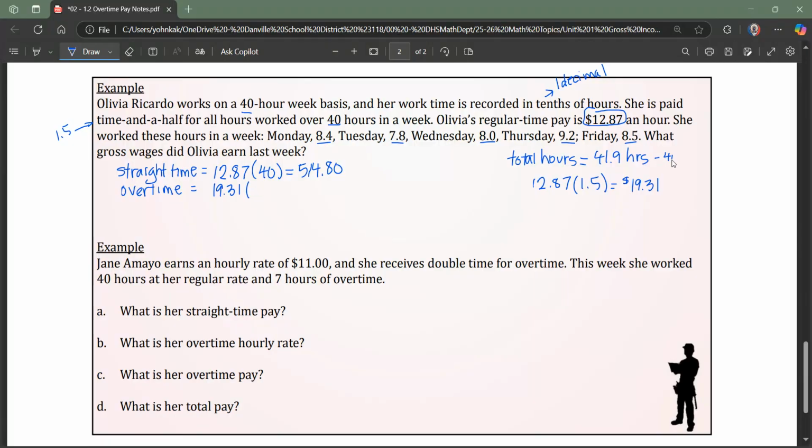If I take away 40, that leaves me with 1.9 hours. So 19.31 times 1.9 is $36.69. To find total pay, I'm going to add these up. That's going to give me $551.49.